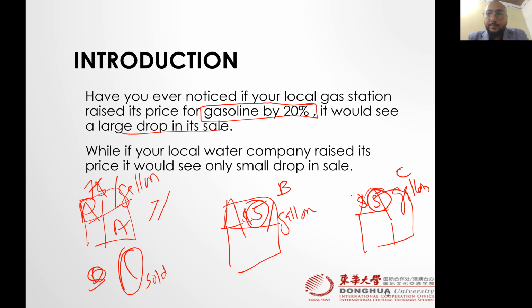Okay, so in case A, it will most likely drop. Exactly. Quantity sold of A would be decreased.